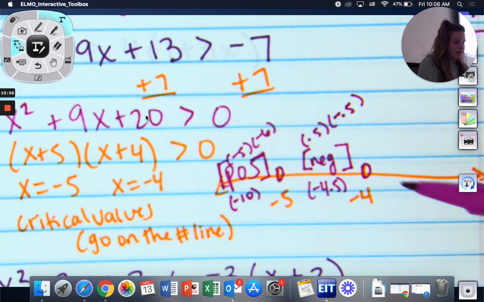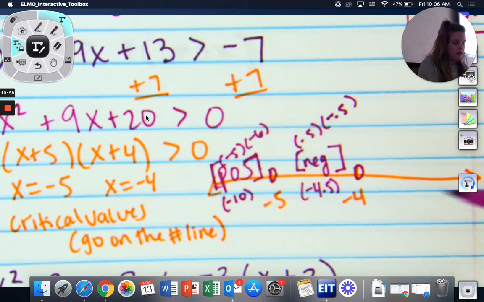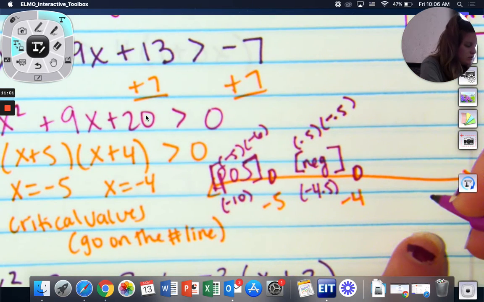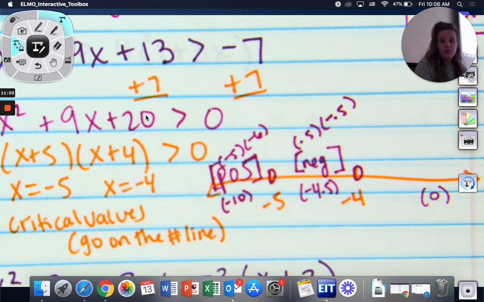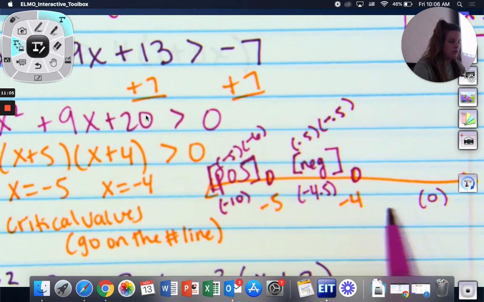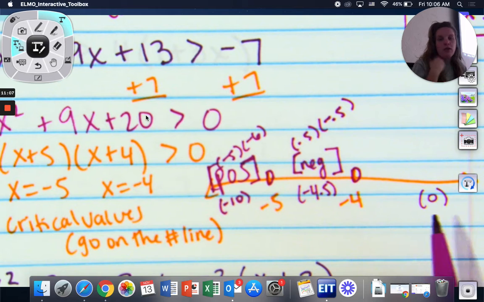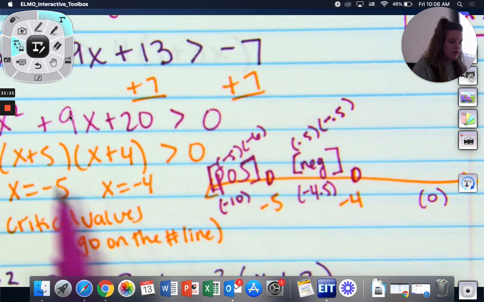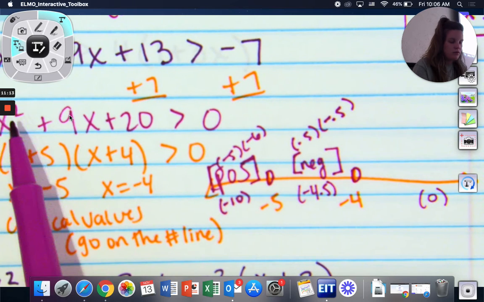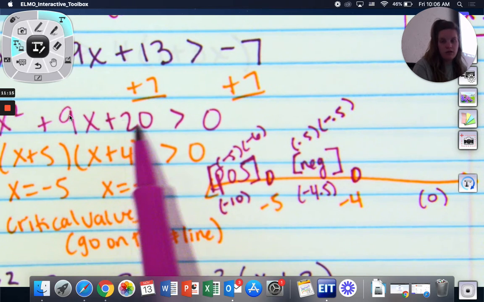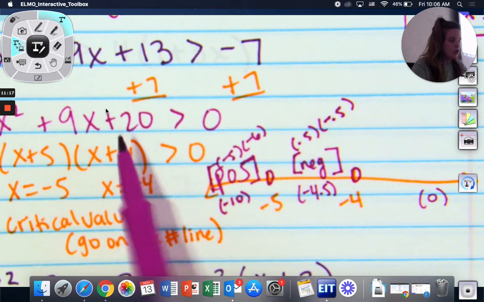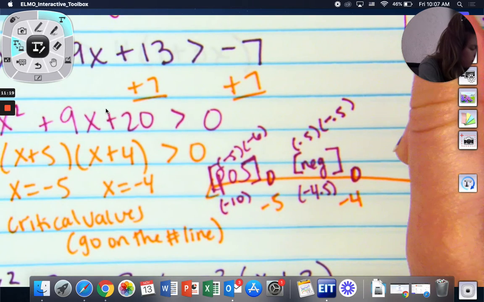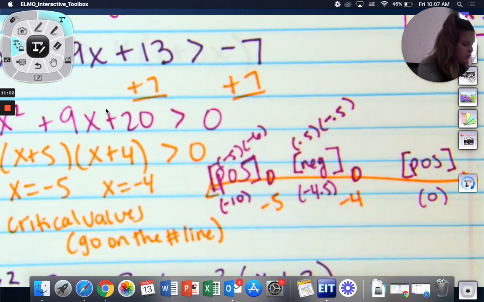Then my last one, I need something bigger than negative 4. I always like to use 0 anytime I can, so it would be in this last section. I like plugging 0 into this standard form one, because you're just left with your constant, like solving for your y-intercept. So it's just 20, which is positive, so that region represents positive.